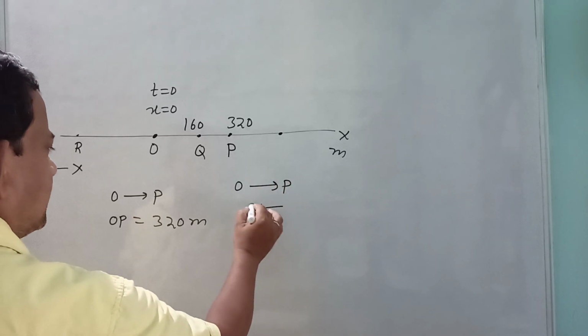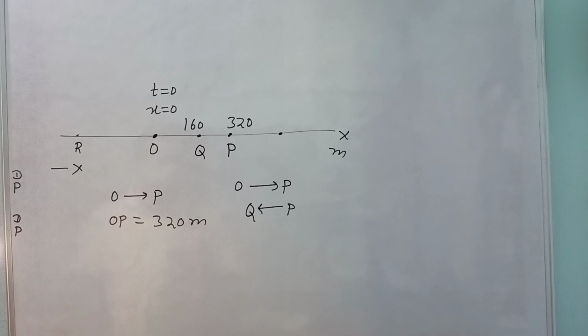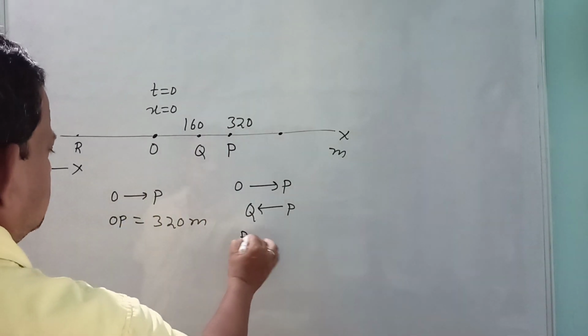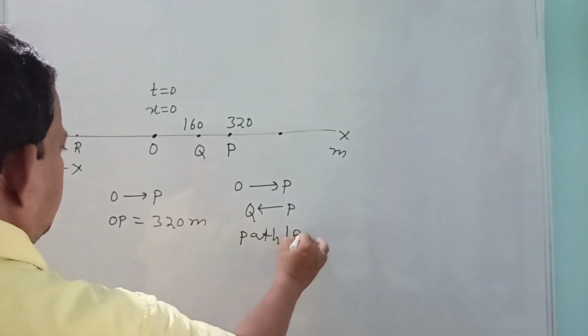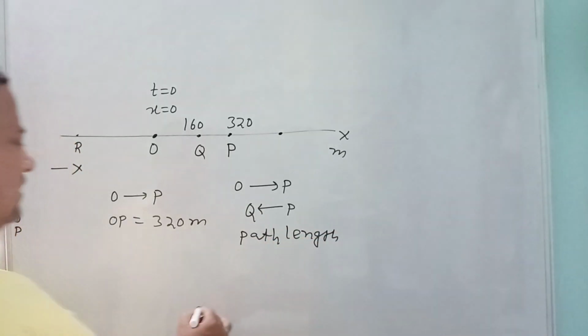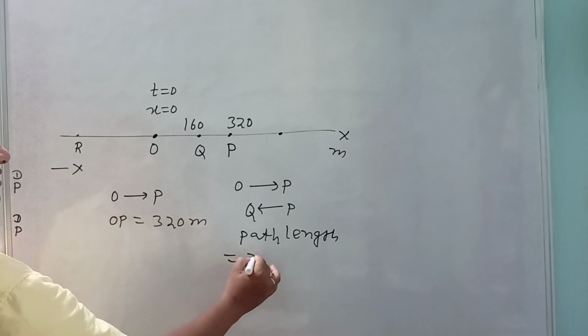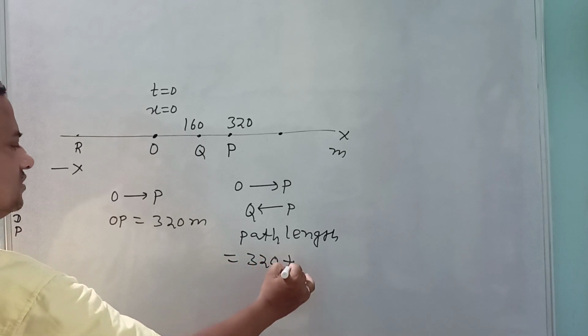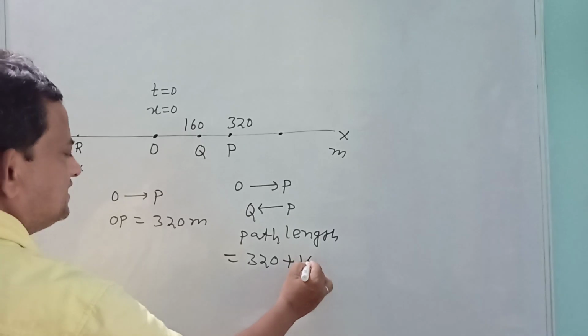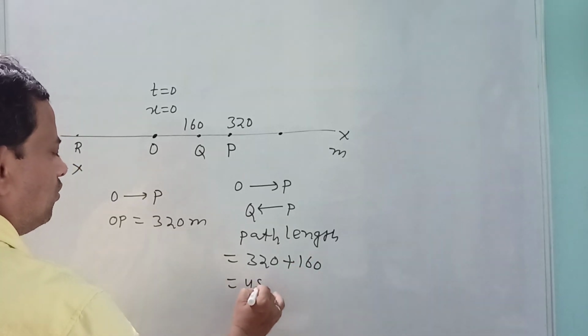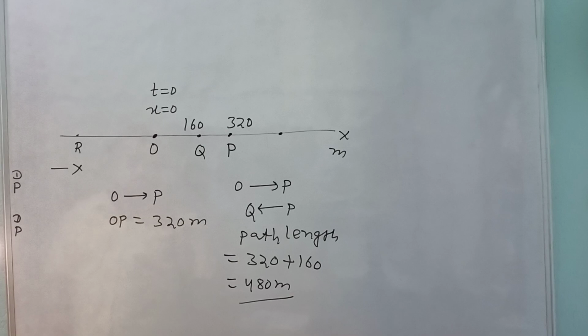Suppose I change, it moves from O to P, then P to Q. So what is the path length? That is your path length, we say path length. This path length will be 320 plus how much? 160, that is 480 meter.